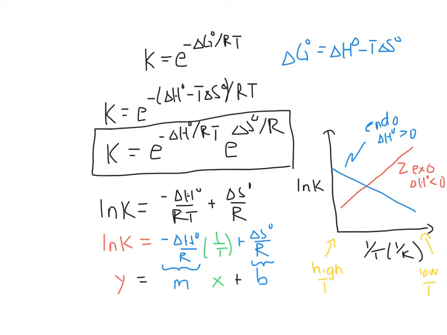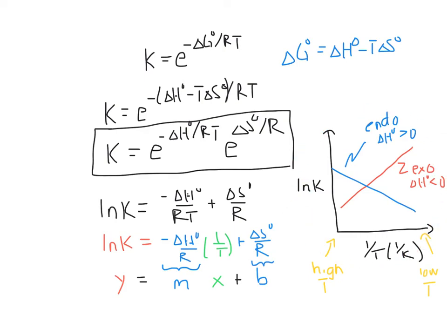In our last lab this semester, you are going to measure the equilibrium constant, KSP, for a solubility product, and you're going to do that as a function of temperature. And you're going to make a graph just like this.